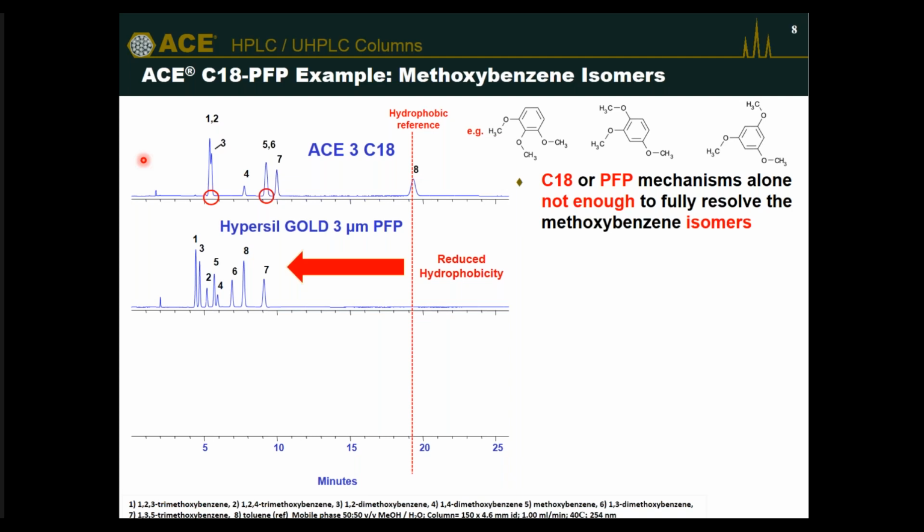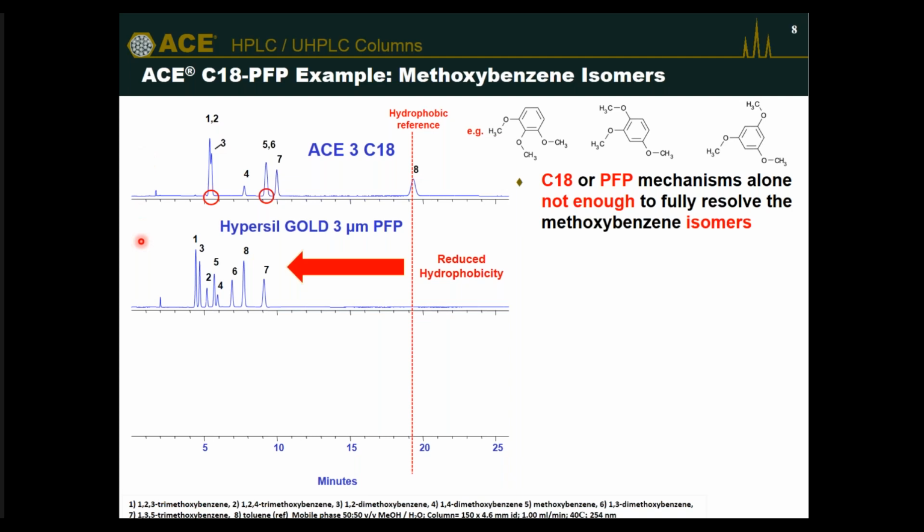Now, as we would expect, and we can see from the top chromatogram where the red dot is, we don't get separation of all the compounds in this mixture, because we wouldn't expect that with a standard C18 column. A standard C18 column is dominated by hydrophobic interactions. If we look down here at the Thermo PFP column, you can see quite a different separation profile.